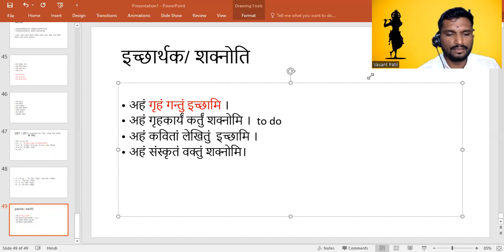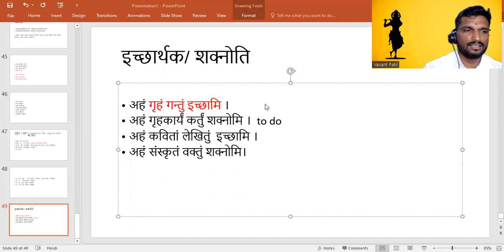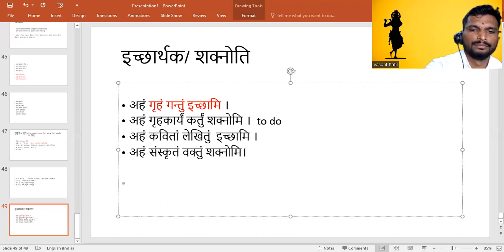They have given more dhatus where the tumunta pratyaya is used. For example, shak, I told you already. A few more lists are given. We'll see that, and I will explain what is an infinite verb and a finite verb.